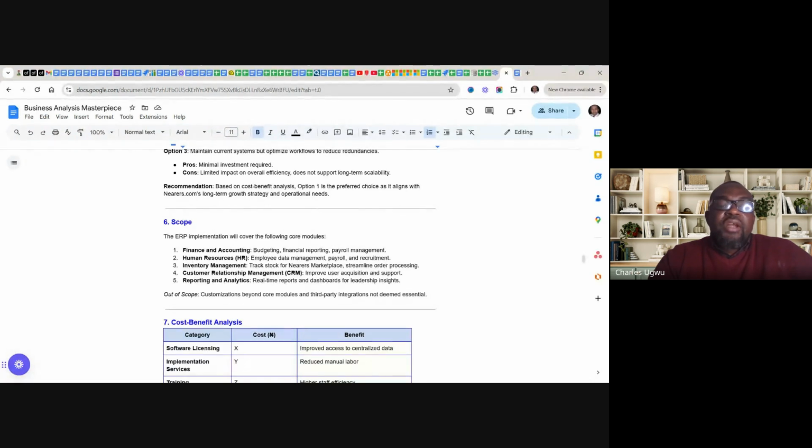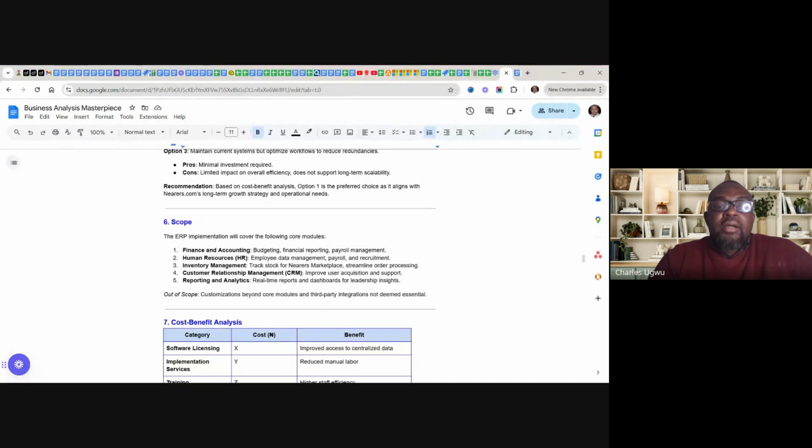So it's very necessary that you specify the modules here so that when they are releasing the funding or making budgets, they will know what to be capturing. So budgeting, under this, will have finance and accounting as a module. This will help in budgeting, financial reporting, and payroll management.